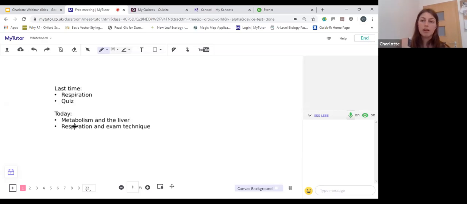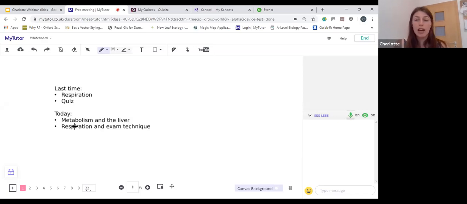Last time we looked at the process of respiration and the equation for respiration, and we talked through how to balance it. Respiration is when we use glucose and oxygen and convert it into carbon dioxide and water. We looked at why we respire: to provide energy to our muscles and other parts of our body in the form of ATP.